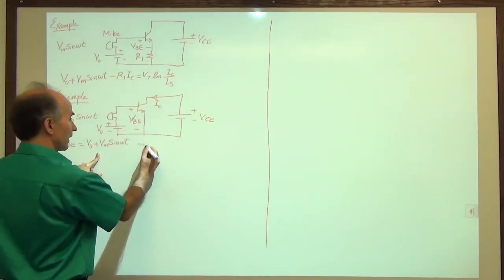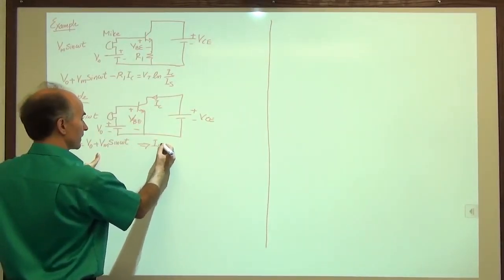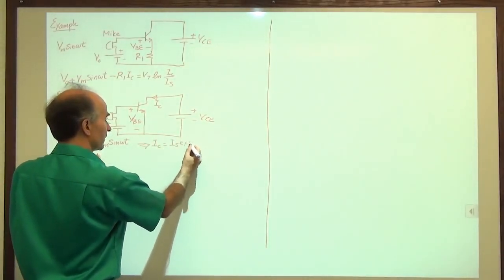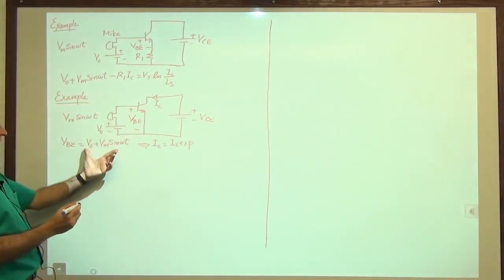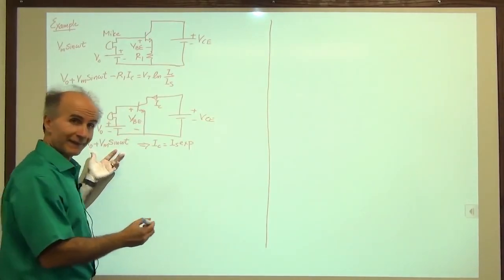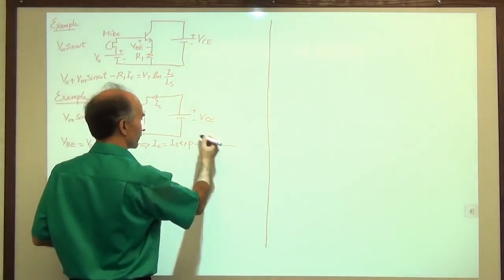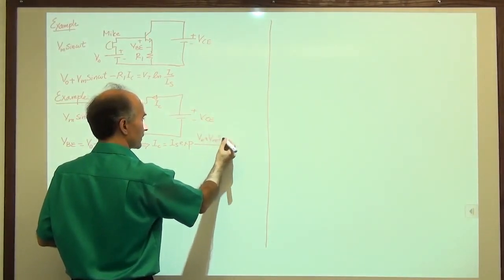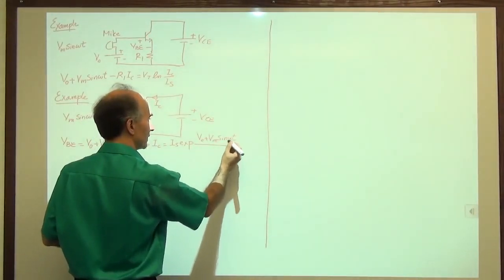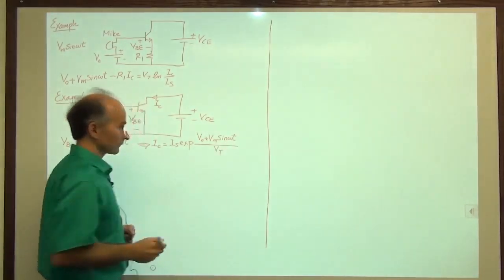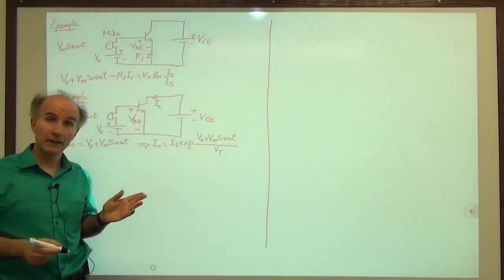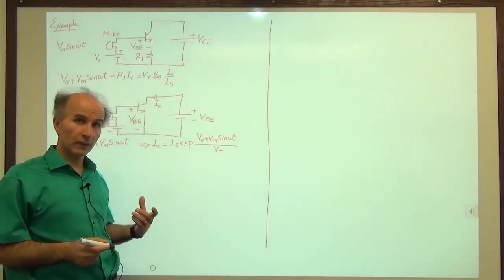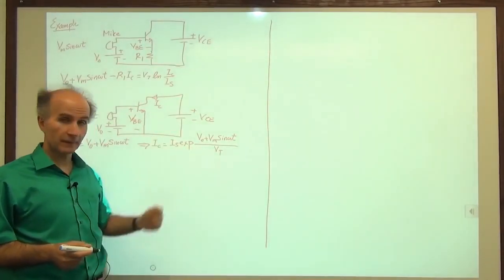So I can say IC is equal to IS exp of the base emitter voltage, which happens to be all of this divided by VT. So we have V0 plus Vm sine of omega t over Vt. So interestingly, we are able to find a closed form solution for IC in this case.